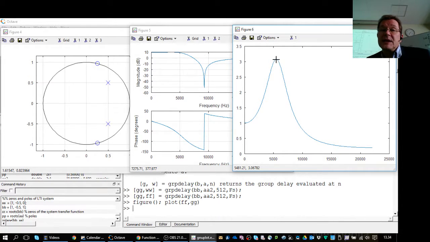I think this gives the group delay in samples. I'm quite sure, since 3 seconds sounds a little bit long for any filter. So the unit of this group delay is how many samples. Otherwise, it doesn't make any sense, although the frequencies are in physical frequencies.